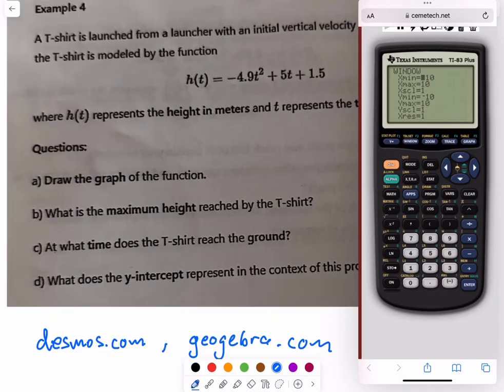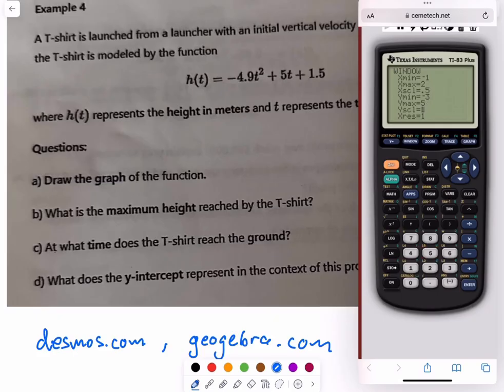My x minimum, we can go -1, that should be okay. X max, let's go to 2. The scale on the x-axis, I'm going to go by 0.5, so each tick mark is 0.5. Y minimum, I'll go down to -3. Y max, I think we needed about 3, I'll go to 5.